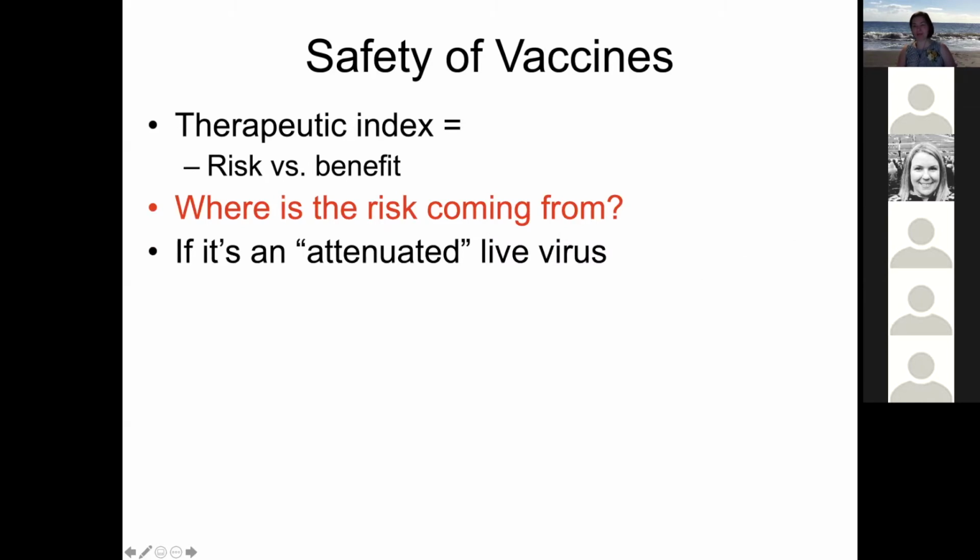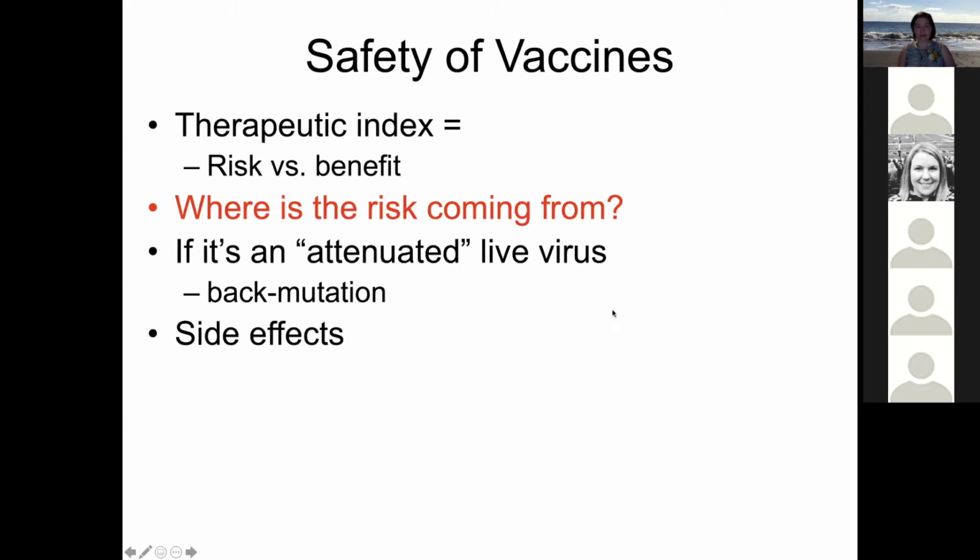Where's the risk coming from? You can put that in the chat, or you can raise your hand. I'll take either one. Mutation, yes. Attenuated live viruses have a risk, even though they themselves are not harmful because they've been mutated to the point where they don't cause disease anymore, they could back mutate. And again, that risk is quite low, but it's not zero.